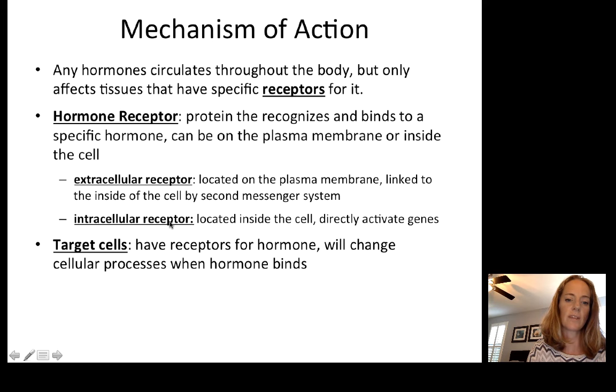These intracellular receptors will be at or near the nucleus and near the DNA to directly change gene activity. The target cells then have to have receptors for that specific hormone so that they can change cellular processes when they get the hormone signal. If they do not have the receptor, they will not change in response to the hormone nearby.